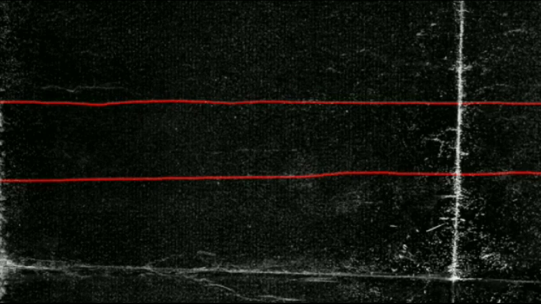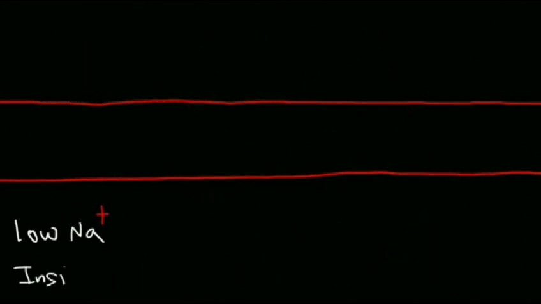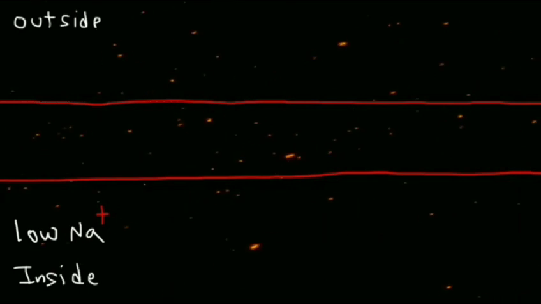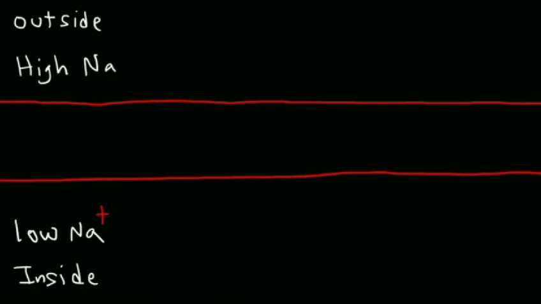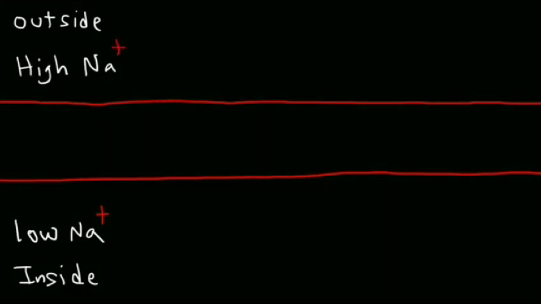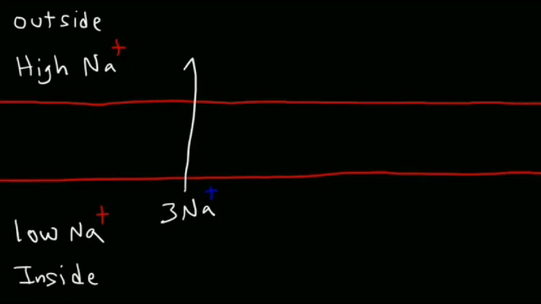So let's summarize what we've learned. As we said before, the concentration of sodium ions inside the cell is low. And the concentration of sodium ions outside of the cell is high. For every cycle of the sodium-potassium pump, 3 sodium ions are pumped across the membrane.